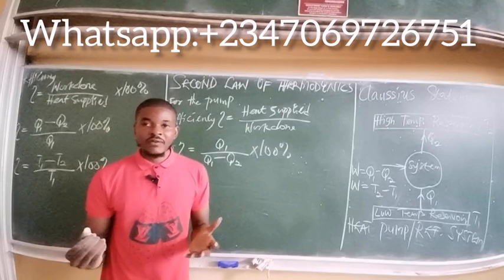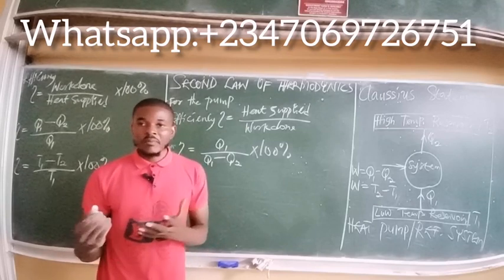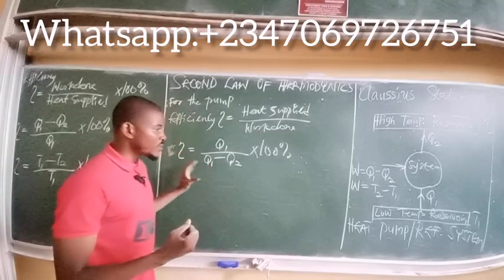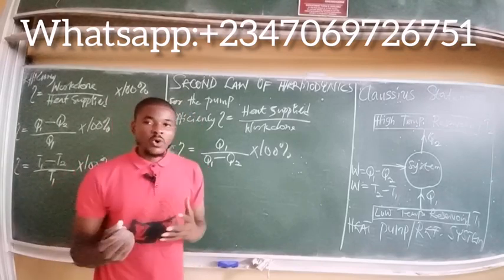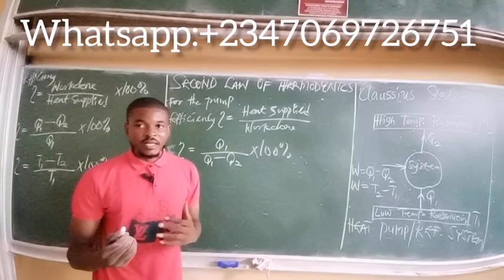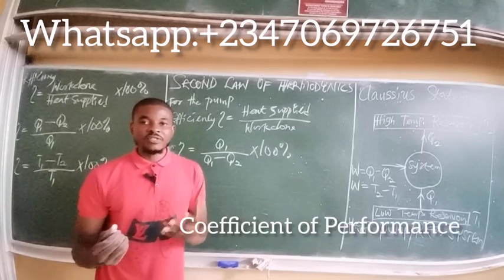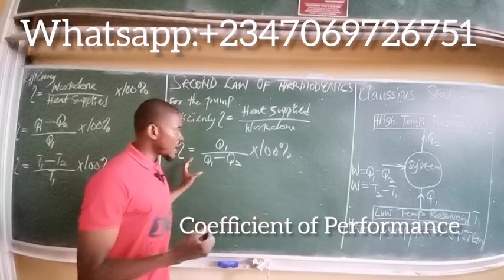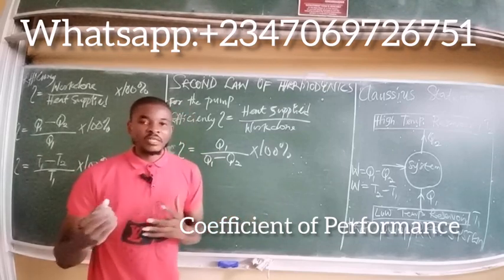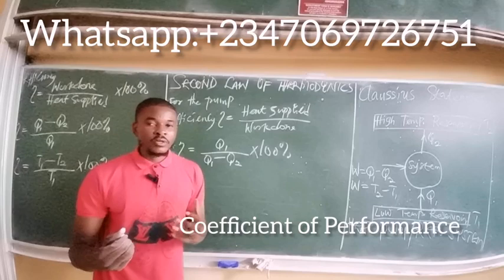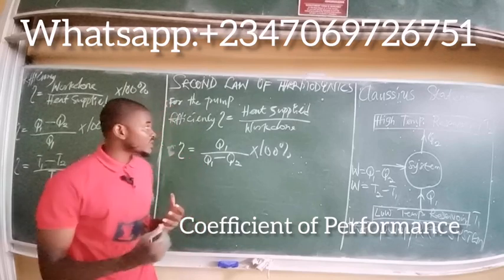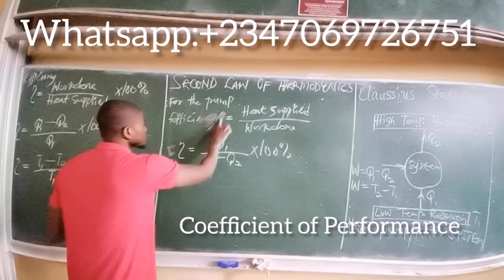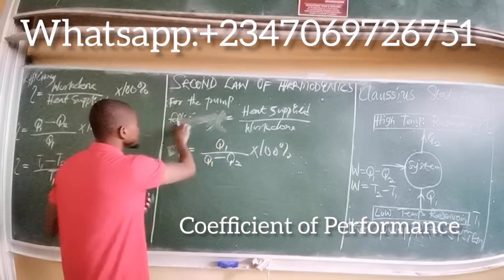So for the heat pump or the refrigeration system, it is not called efficiency. Instead, it is called coefficient of performance, so we'll simply use COP.